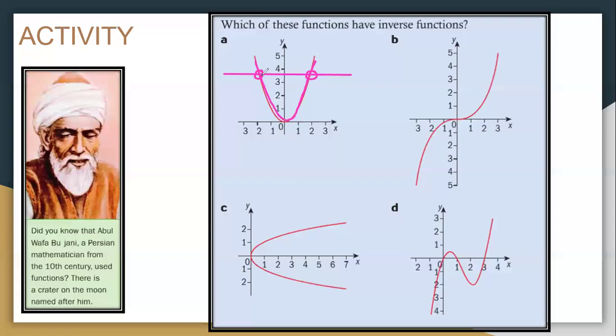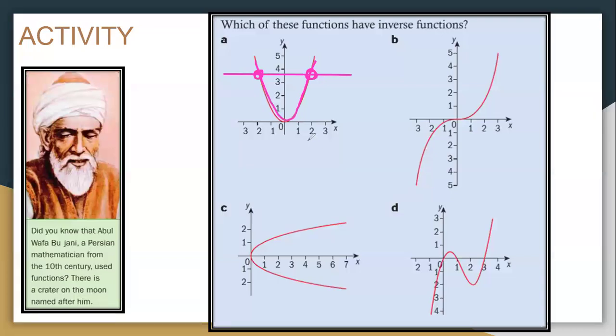When you check here, you notice that it cuts here and here. So it has no inverse. A function that has an inverse only cuts at one point. Right. Have you understood?